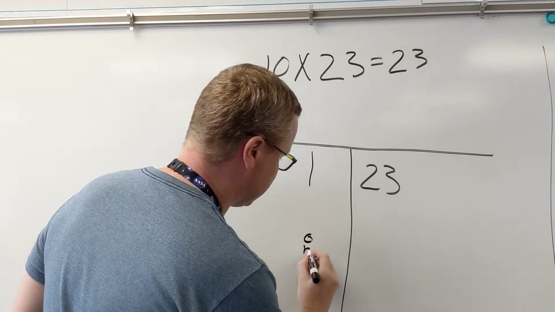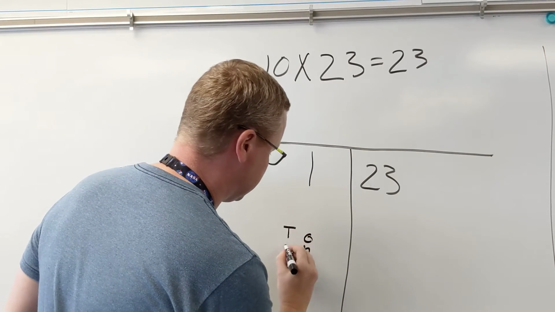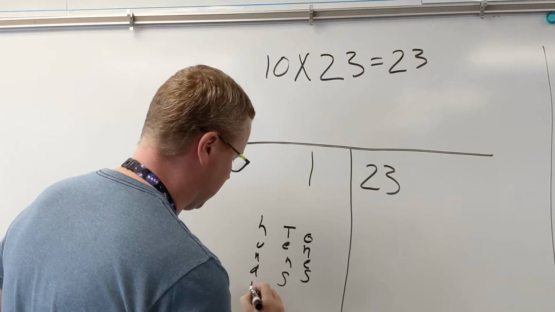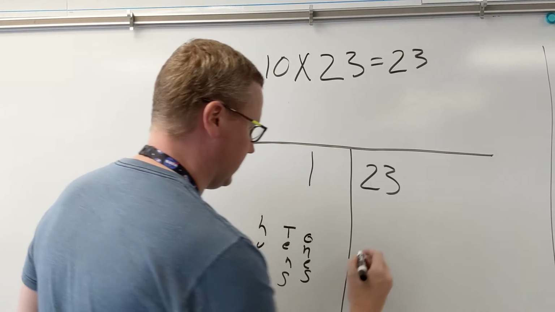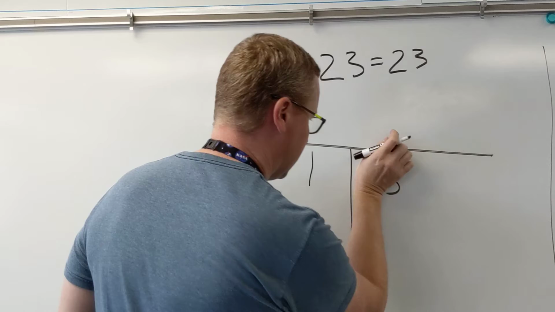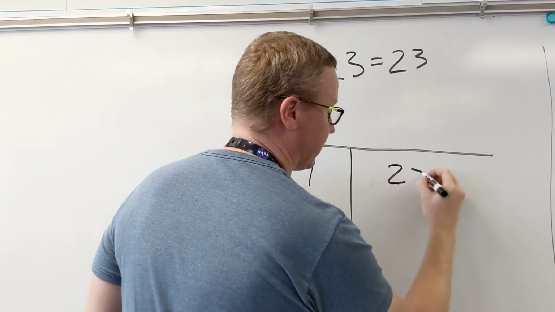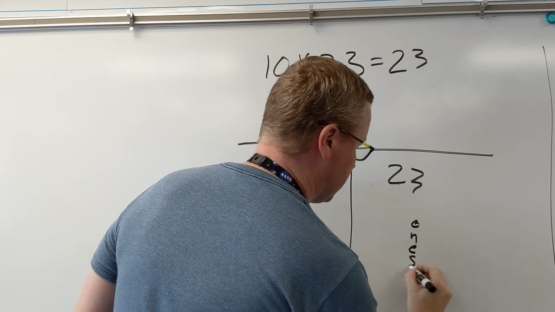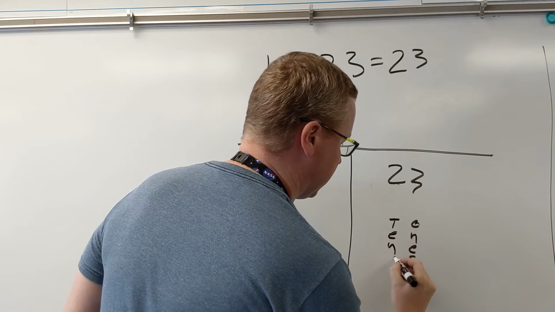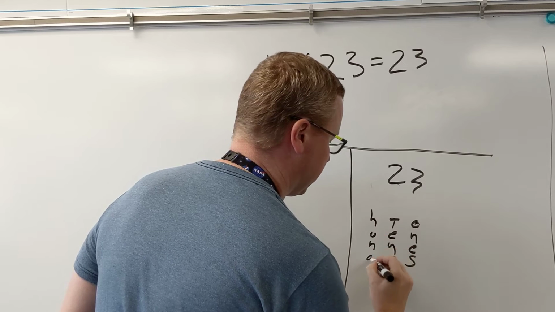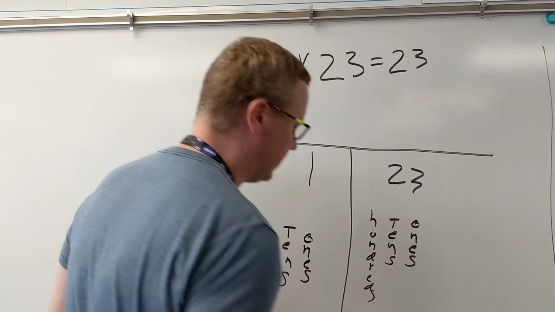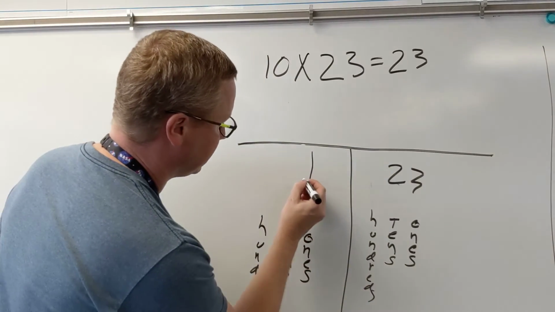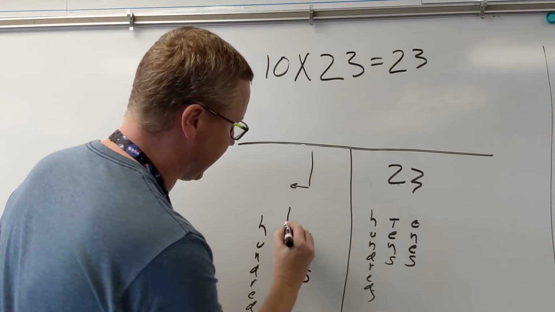So I have my 1s, 10s, 100s. And over here, I'm going to make a little more space. 23 still. I'm going to have my 1s, 10s, 100s. So here it's lining up with my 100s. When I multiply by 10, it gets scooted over into the 10s now.